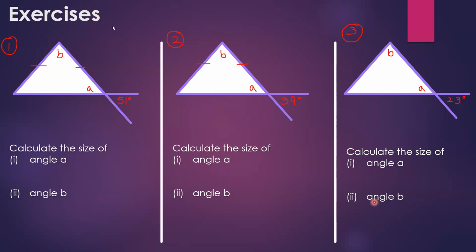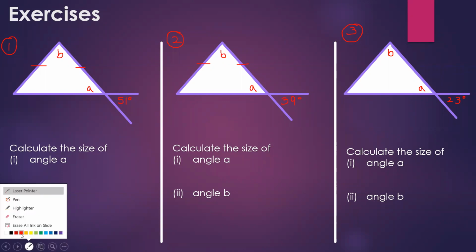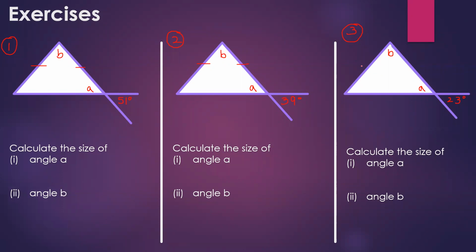Anyway. Alexandria, where are you? Yes, sir. I think I know why you're thrown off, because I didn't put the lines on number 3. Oh, okay. Yeah. For number 3, I mistakenly didn't put the line, so please put that for me.